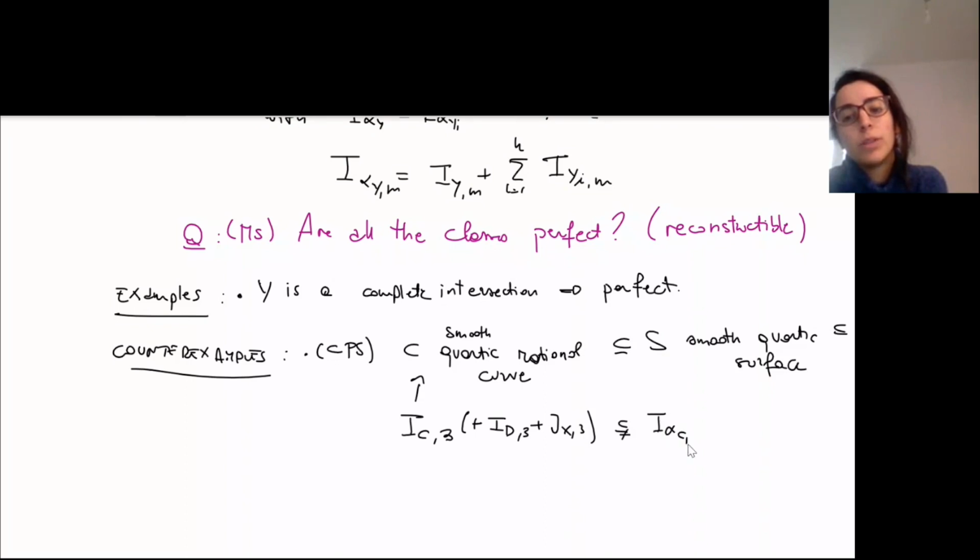If we look for cubics in our ideal, we will for sure find the cubics defining the curve, and we also find the cubics defining another curve related to C in this way.